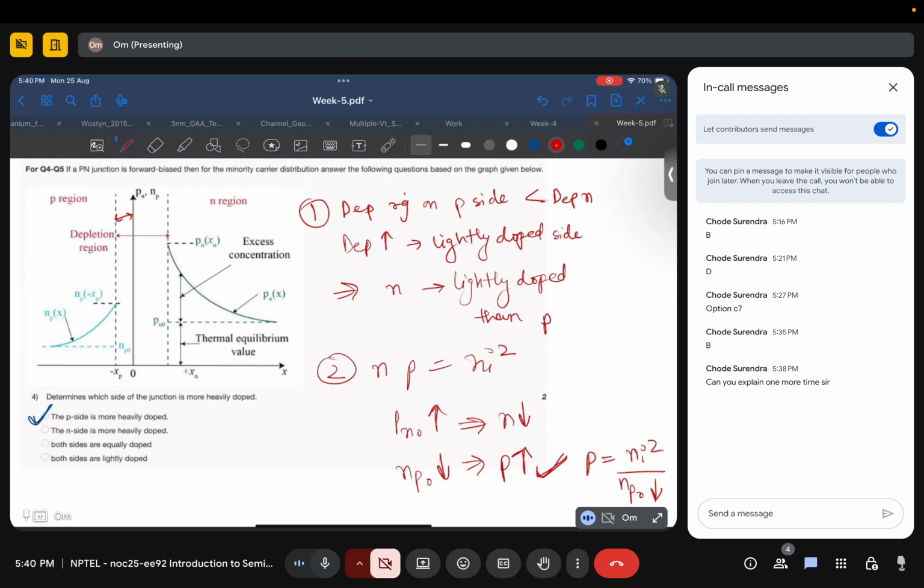So if this is lower, this will be higher. This we can say from the equilibrium concentrations. So again, this signifies that P side is more heavily doped.